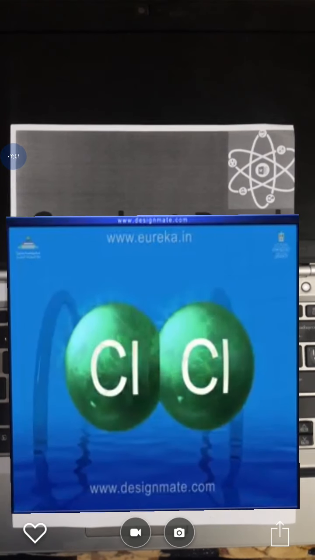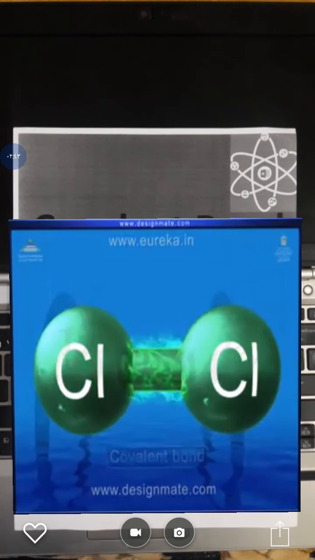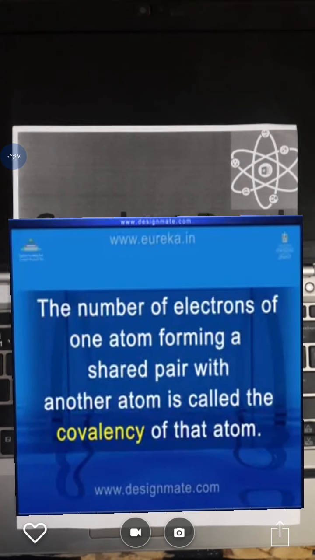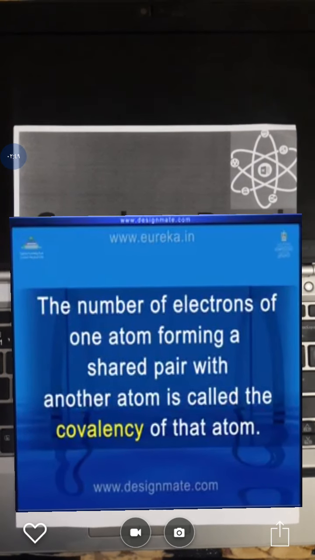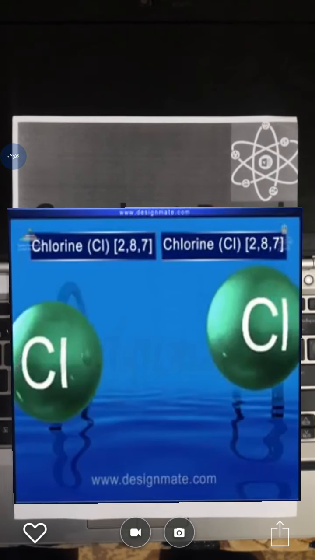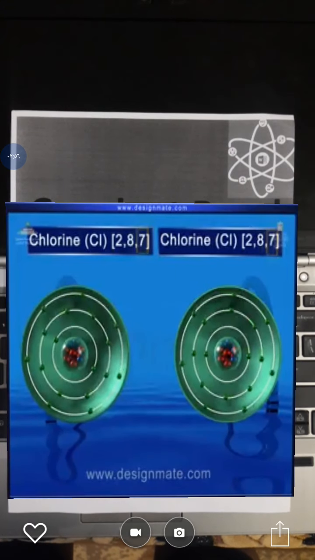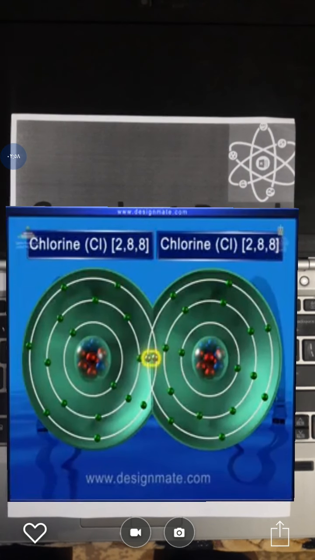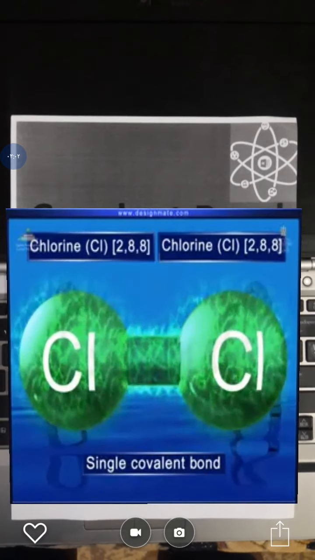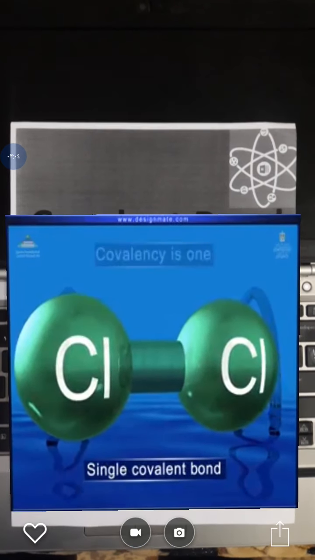This type of bond formed is called a covalent bond. Here, the number of electrons of one atom forming a shared pair with another atom is called the covalency of that atom. Thus, both the chlorine atoms share a single pair of electrons to form a single covalent bond. Hence, its covalence is 1.